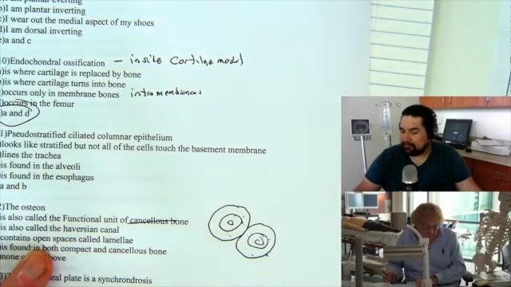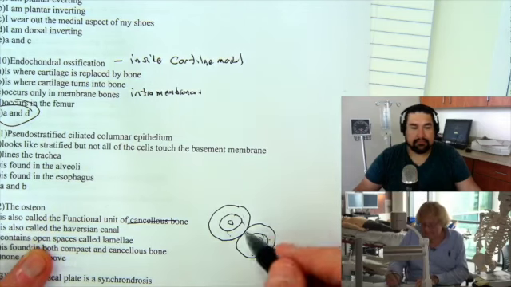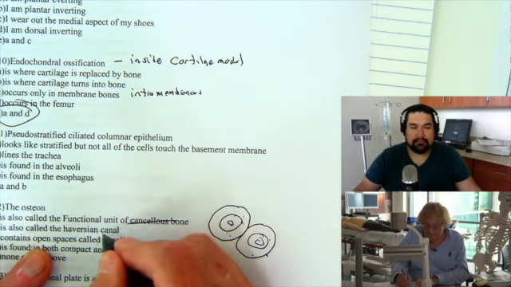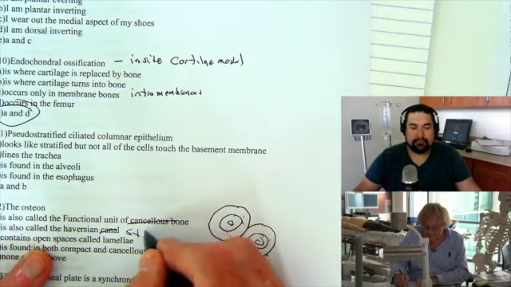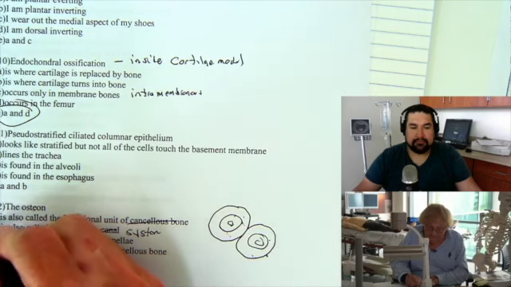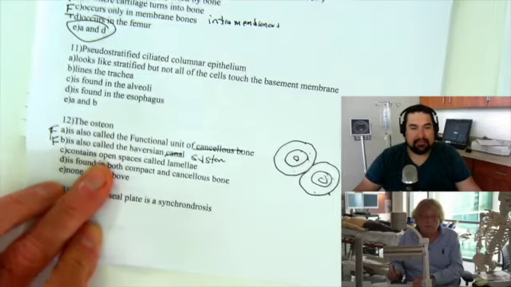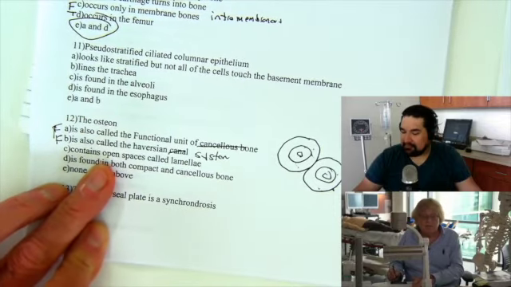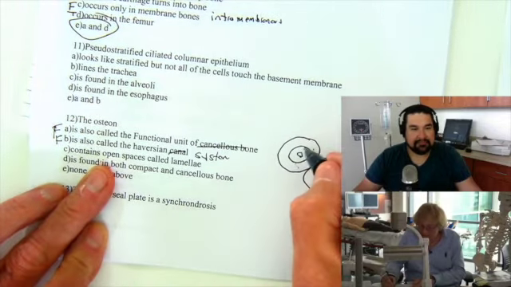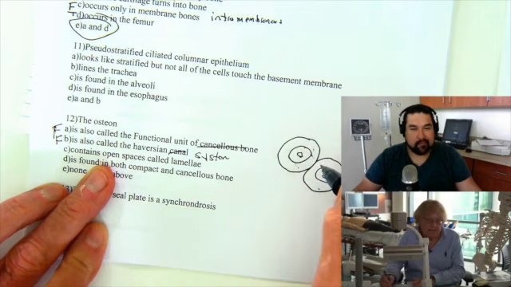The next one says that it's called the Haversian canal. Well, no, that's the Haversian canal. It's called the Haversian system. So that's got to be false. It says it contains open spaces called lamellae. Well, lamellae are layers, like when you think of the word laminated.